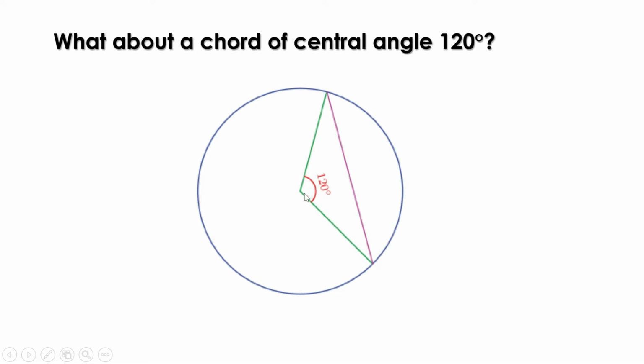That means if we draw a perpendicular from the center to the chord, that perpendicular divides this angle into two equal parts and that perpendicular divides this chord into two equal parts. That means when we draw a perpendicular from the center to the chord, the angle is divided into 60 and 60. Let us draw the figure.